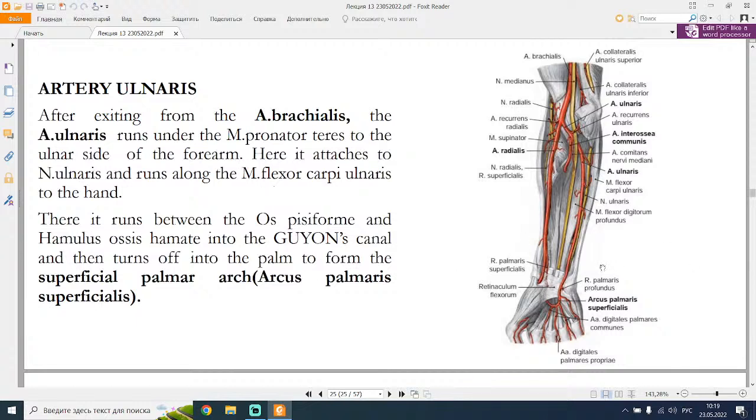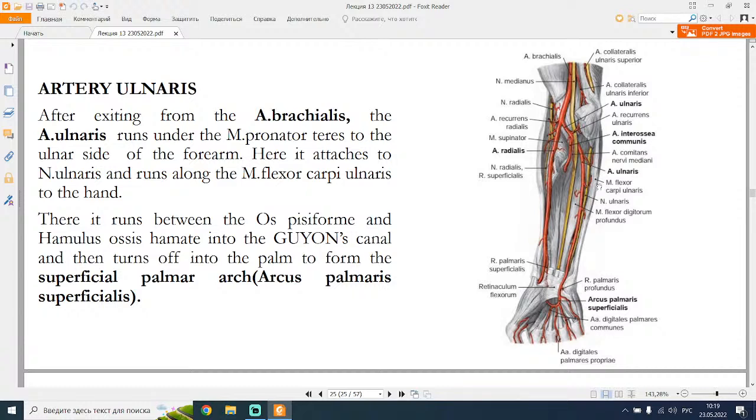Next, arteria ulnaris. After exiting from the arteria brachialis, the arteria ulnaris runs under the musculus pronator teres to the ulnar side of the forearm. Here it attaches to nervus ulnaris and runs along the musculus flexor carpi ulnaris to the hand.